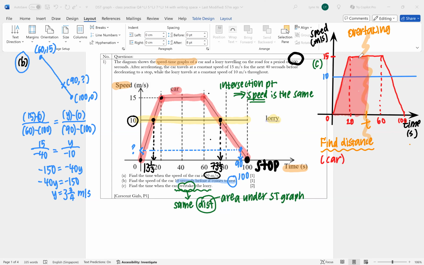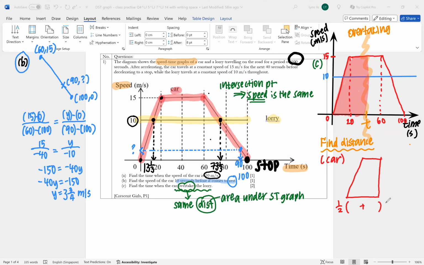And what is the formula of this trapezium right here? So I have plus, what's A and B? What are A and B referring to?